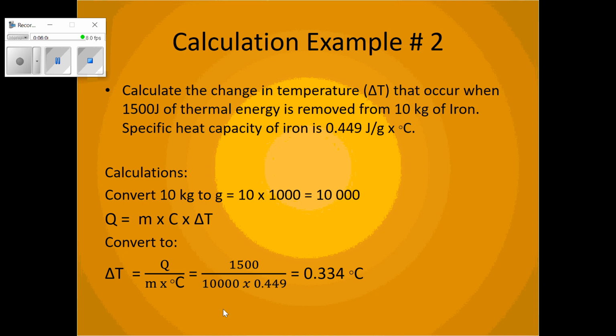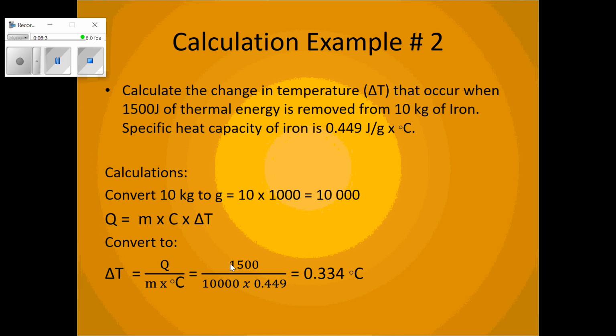And then we are going to plug in our mass, which is 10,000 grams, because it is no longer in kilograms. We convert that to 10,000 grams, sorry. And then we're going to take the specific heat capacity of iron, which is 0.449 joules per gram per degree, and plug it in there.